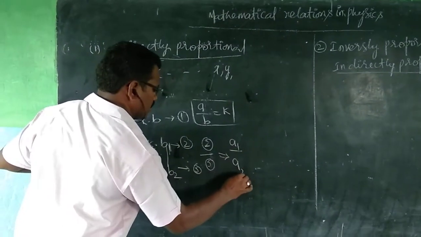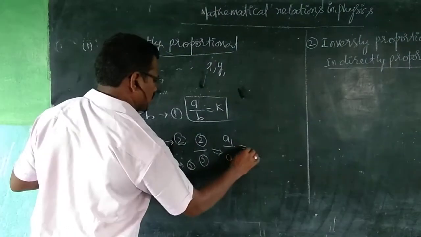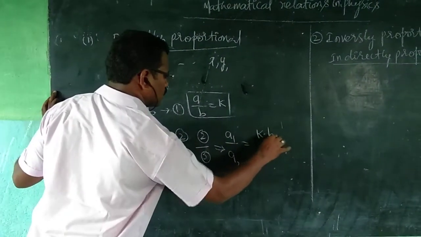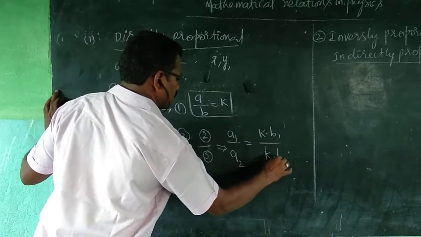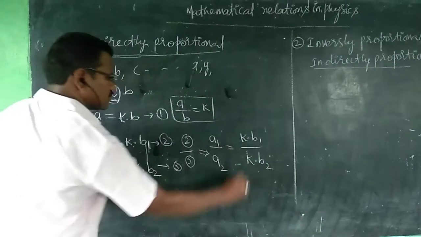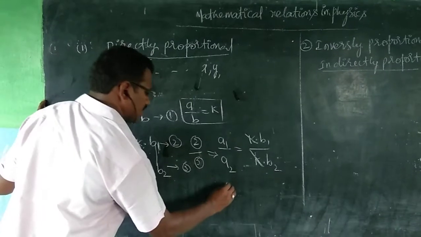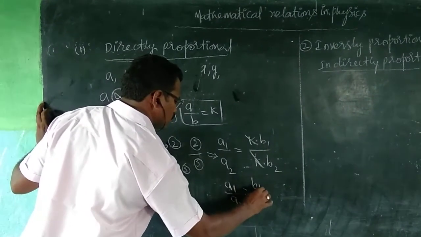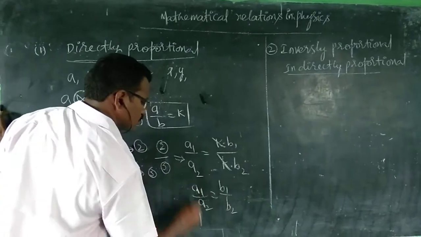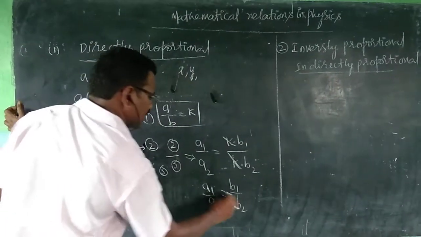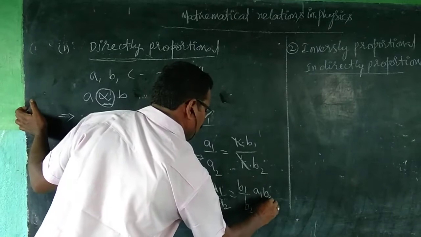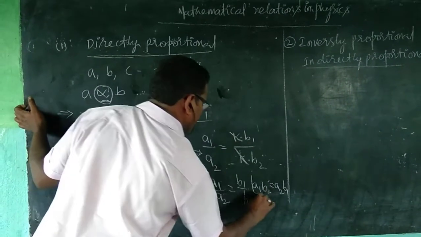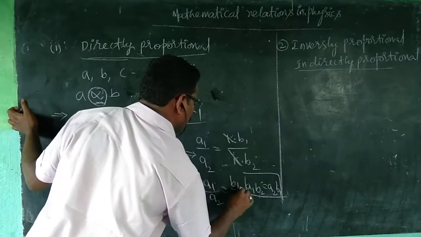A1 by A2 is equal to K into B1 by K into B2. By cancelling K and K we get A1 by A2 is equal to B1 by B2. By cross multiplying it becomes A1 B2 is equal to A2 B1.